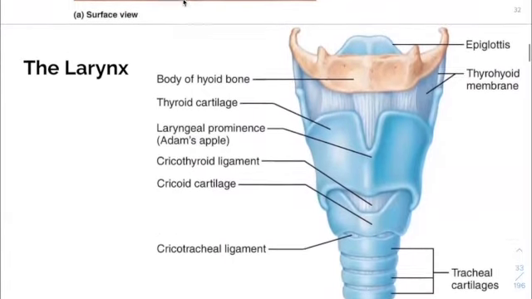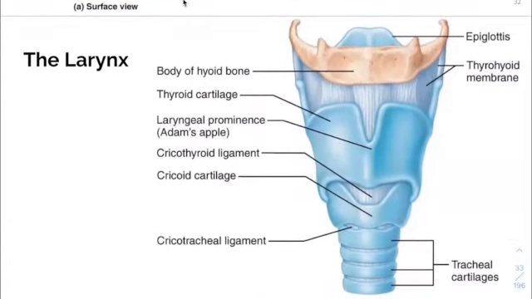But here is what everything looks like from the inside. We have that epiglottis. It sits right behind that hyoid bone. Then we get to that thyroid cartilage. That large prominence right here is what you see in males that have that really defined Adam's apple. That cricoid cartilage is just below the thyroid cartilage.